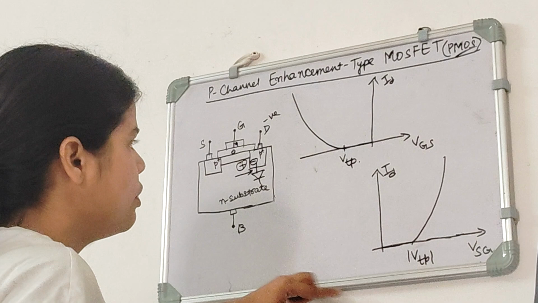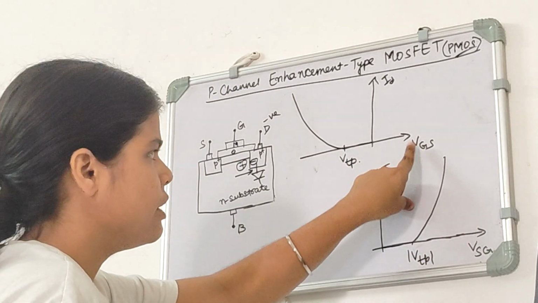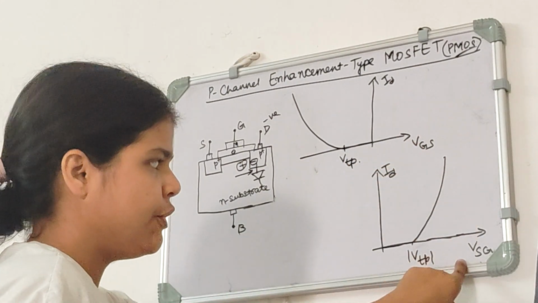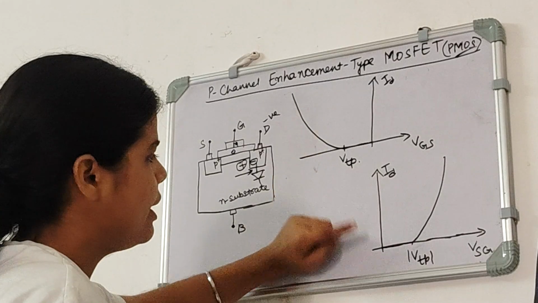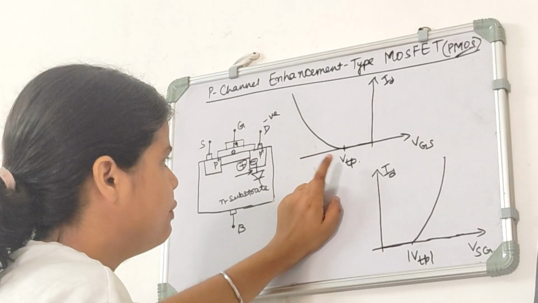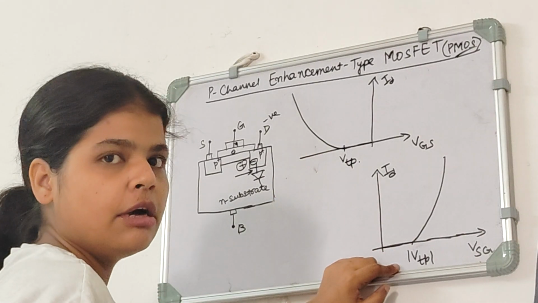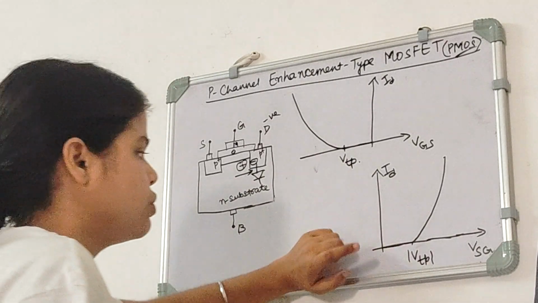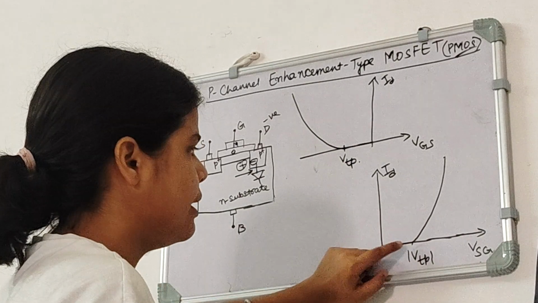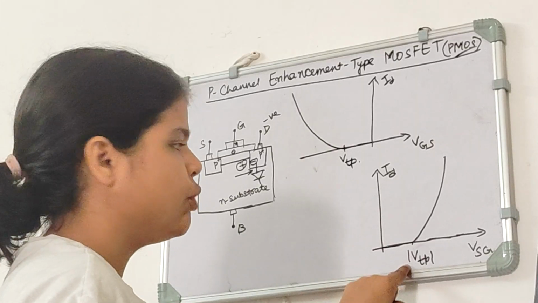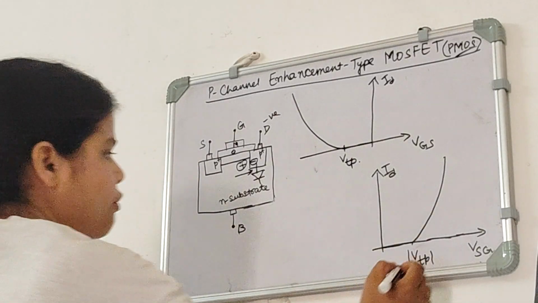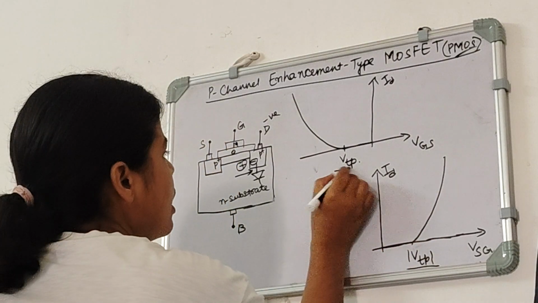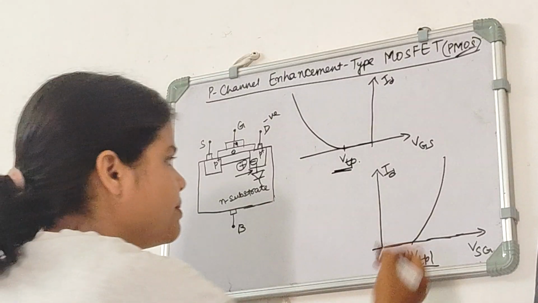So we just flip the terminal. Here we are using VGS and here we are writing VSG. So our curve will be like this, and this VTP will be here mod of VTP because VTP is negative. So here if we are writing like this, we have to take mod of VTP because mod of VTP will be positive and VTP is negative.